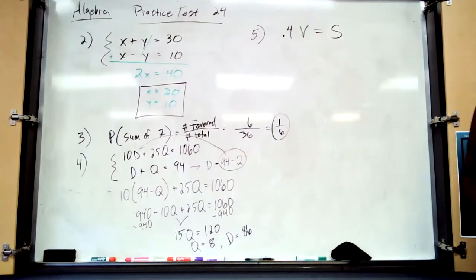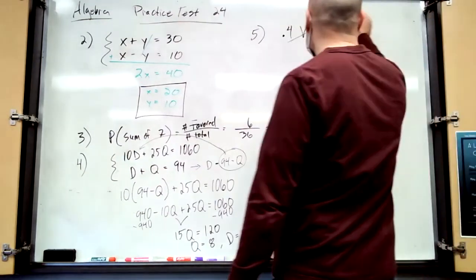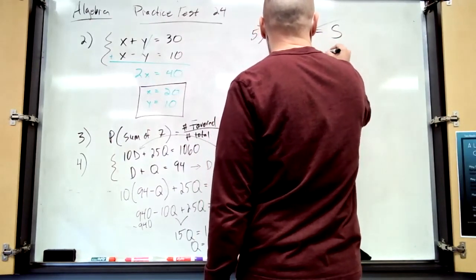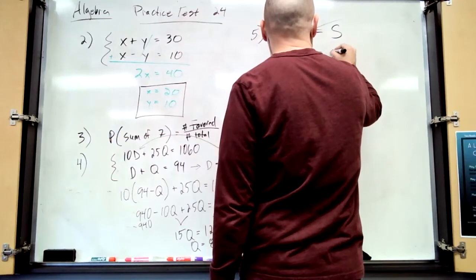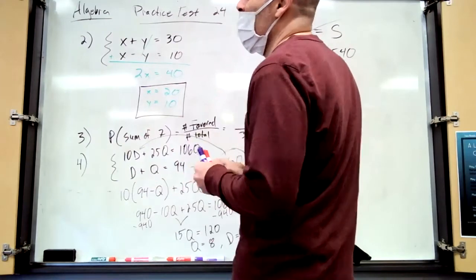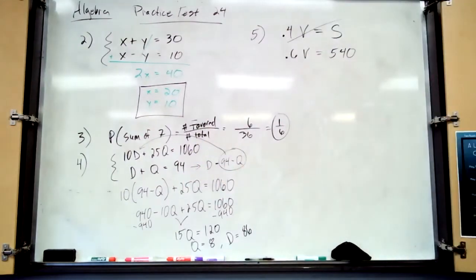So now we have to turn on our thinking caps and figure out, well, if 40% chose Shane, what percent chose the other guys? 60%. So I could scratch this idea and say 60% of the voters chose the other, but we know that the other 540. Okay, so 540 voters chose the other.